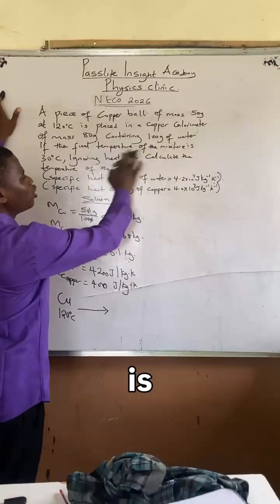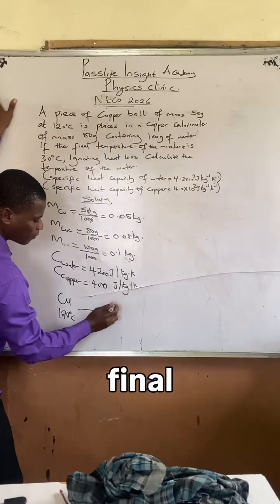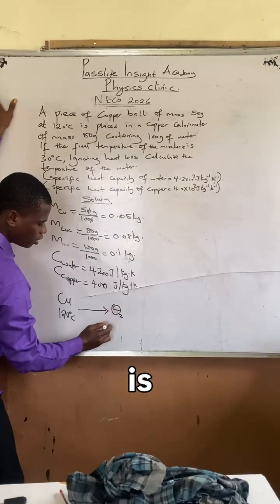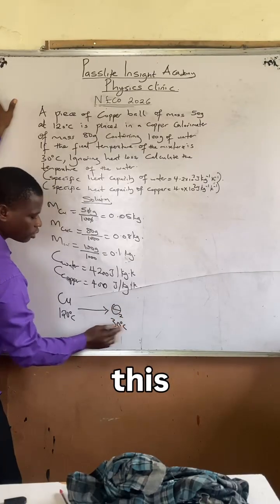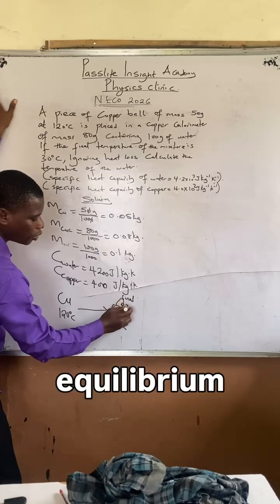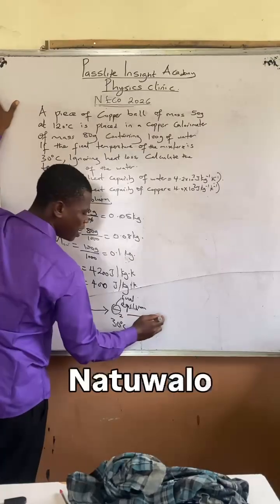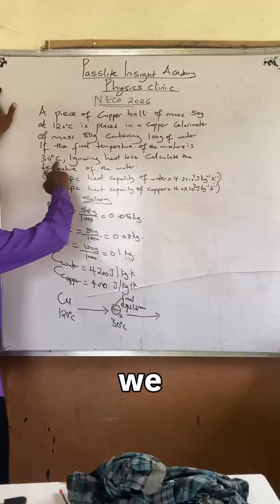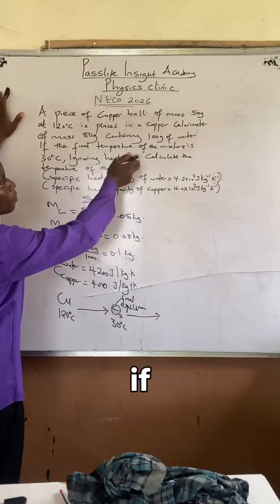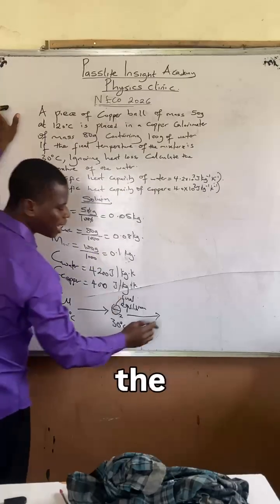If the final temperature is 30 degrees Celsius, that is what we call theta 2, also called the equilibrium temperature. Then we move to another temperature: calculate the temperature of the water. We don't know the temperature of the water.